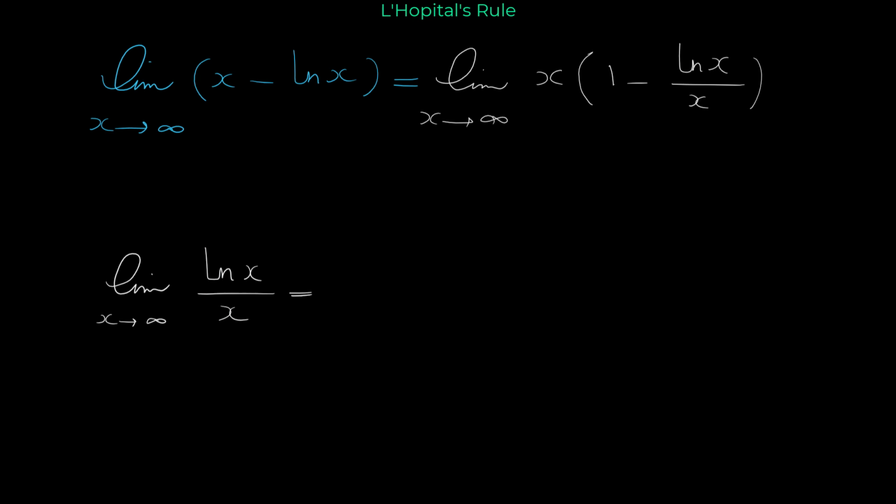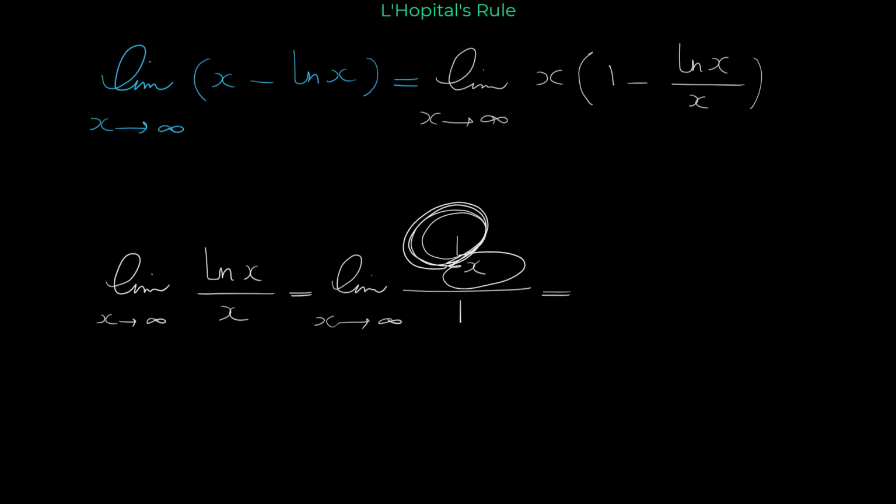If we use L'Hopital's rule, the derivative of ln of x is 1 over x, the derivative of x is 1, and x goes to infinity. When x approaches infinity, 1 over x goes to 0. Limit of any number, doesn't matter if it's 1 or any other number, over x, when x approaches infinity, is 0. We know this rule. So this limit equals 0.